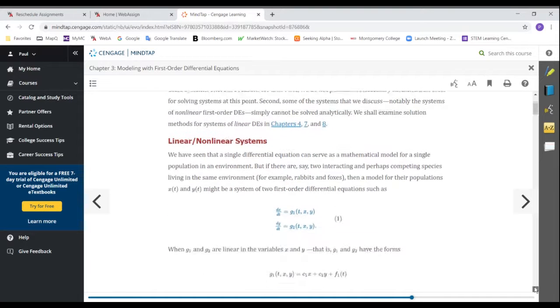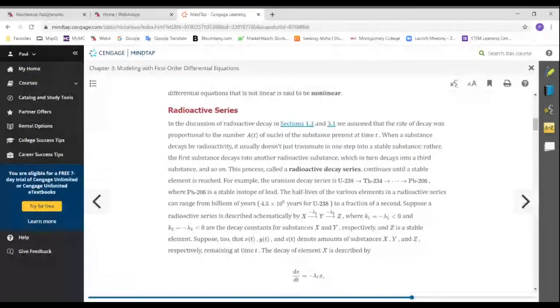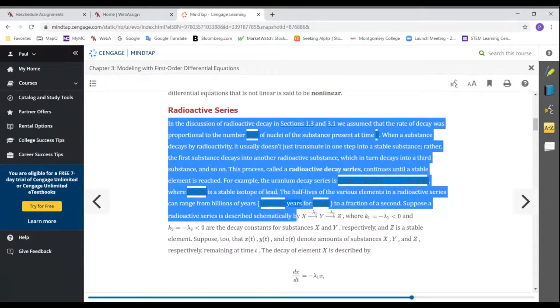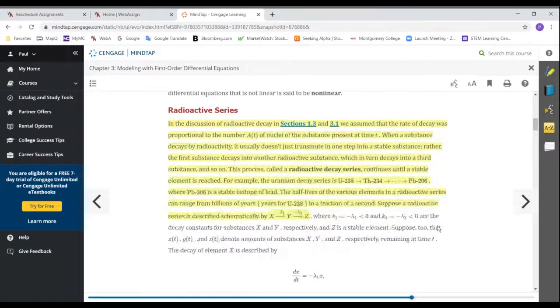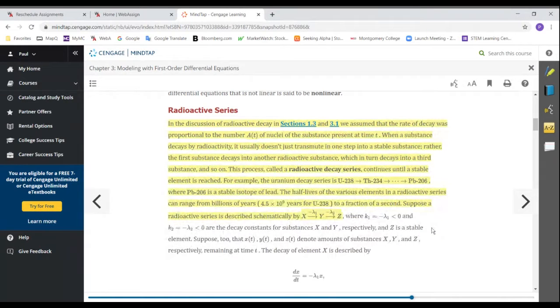So here, a radioactive series. This is an important application for modeling with a system of first-order differential equations.